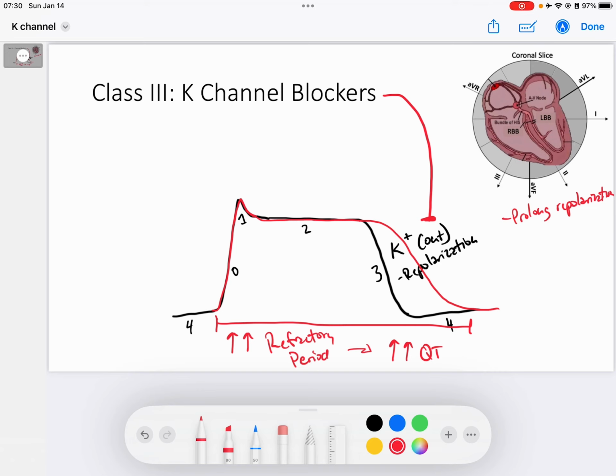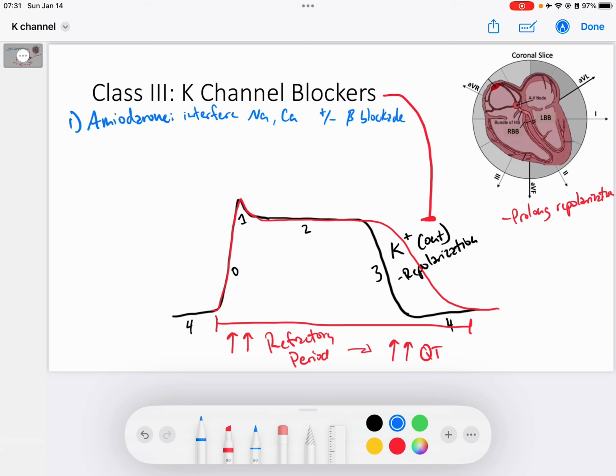And so some examples of medicines that we might use that are potassium channel blockers. First one, and the most common one, is amiodarone. Amiodarone is an interesting medicine. It also can interfere or block sodium channels and calcium channels, and plus or minus some beta blockade.